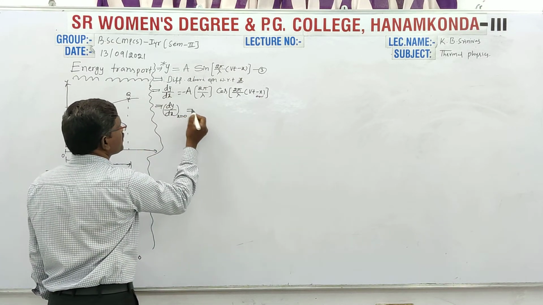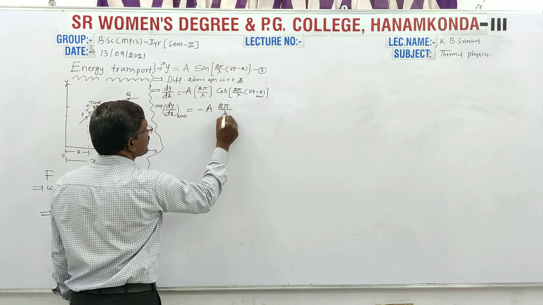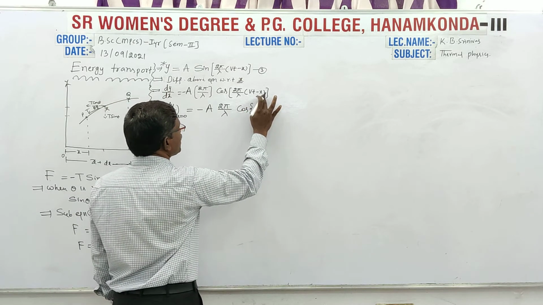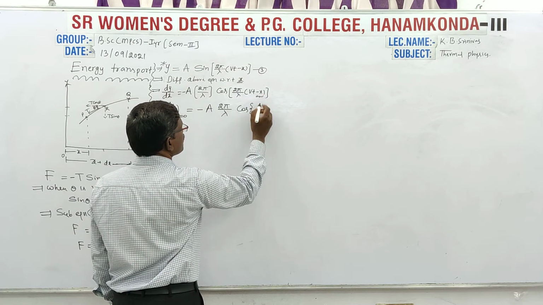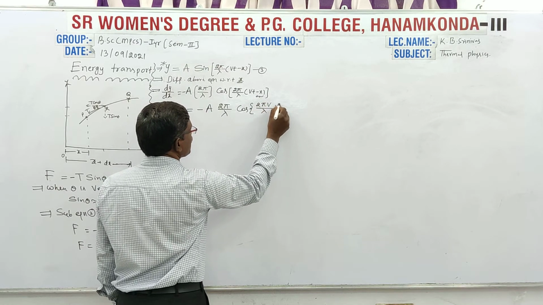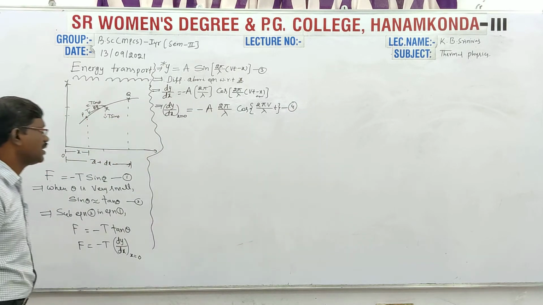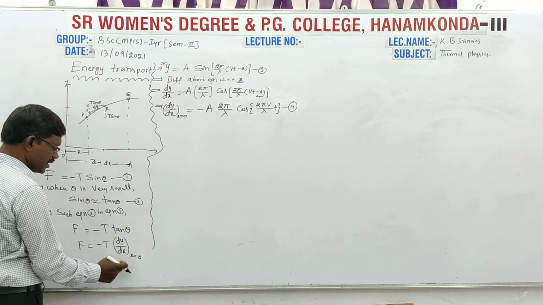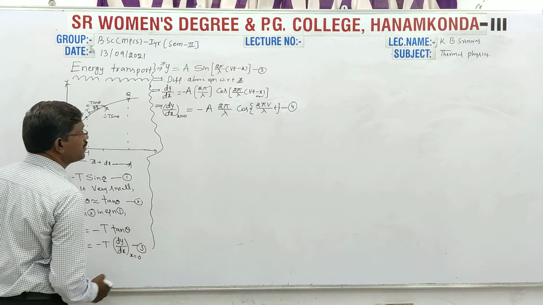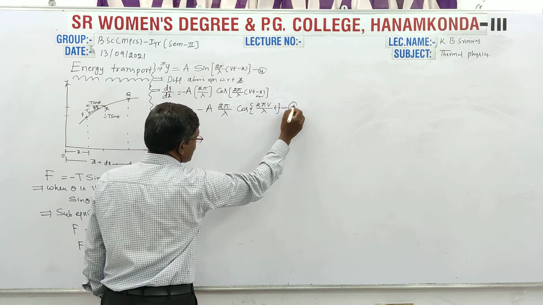So our expression becomes minus a 2 pi by lambda cos of, the x term becomes 0, so we are having only 2 pi v by lambda into t. Let this be equation number 4. Finally, I have calculated dy by dx at x is equal to 0. Here I am giving number 3 for the earlier equation, let this be 4 and let this be 5.